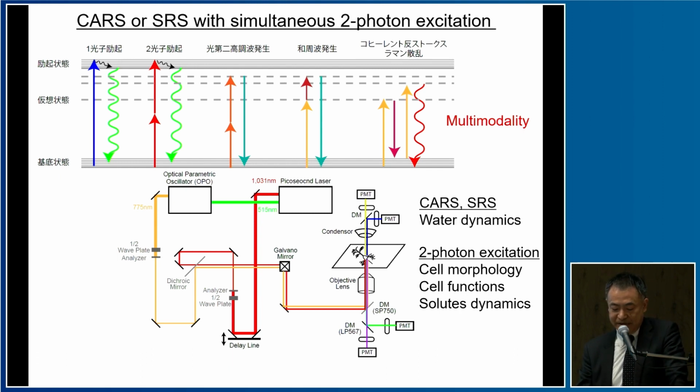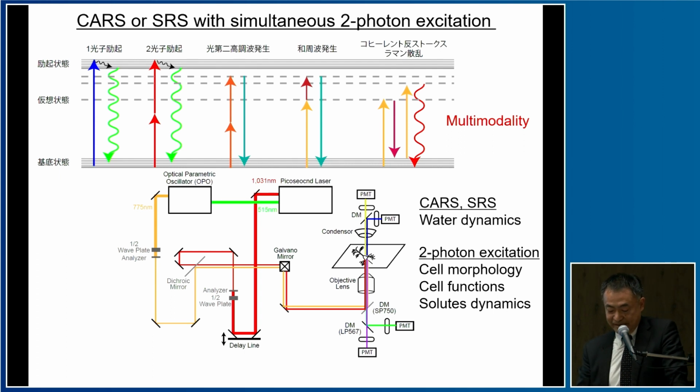We have recently published this data using brain slice tissue, but now we are moving this system to in vivo mouse brain imaging. Very recently we succeeded in visualizing fluorescence dye and water using this SRS method in the living mouse brain.